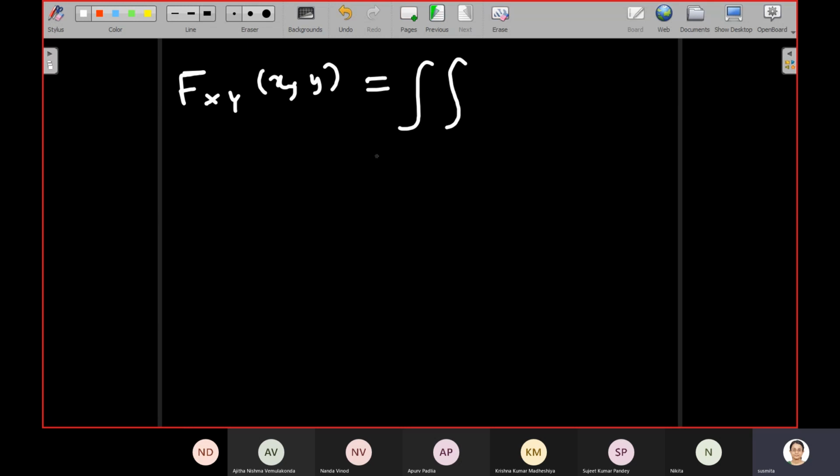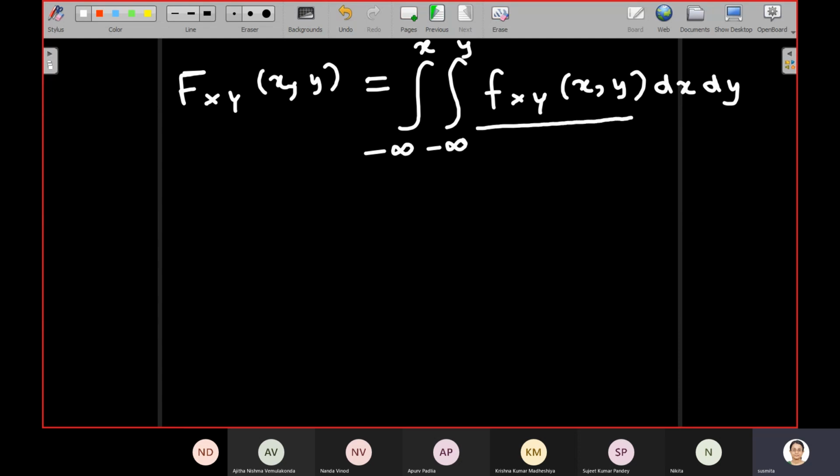Earlier we did single integration, now we need to do double integration. So this will give you the joint CDF from the joint PDF.